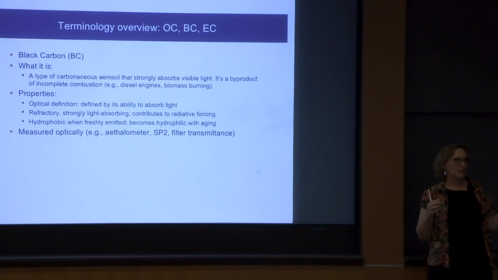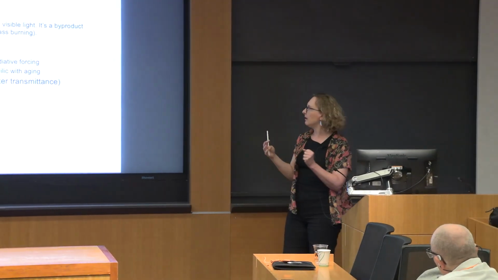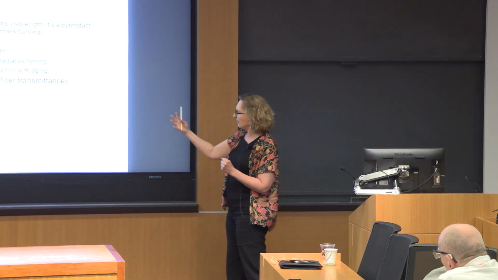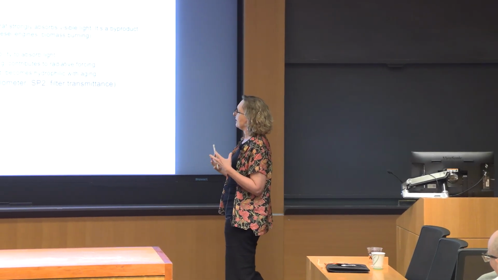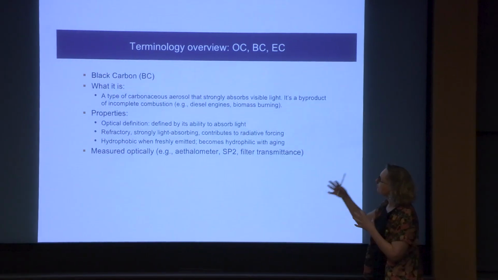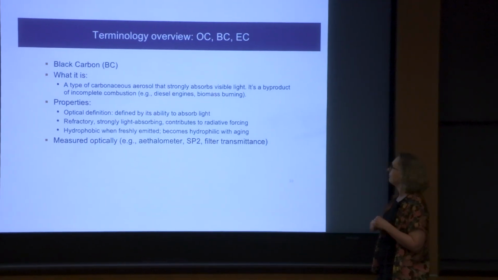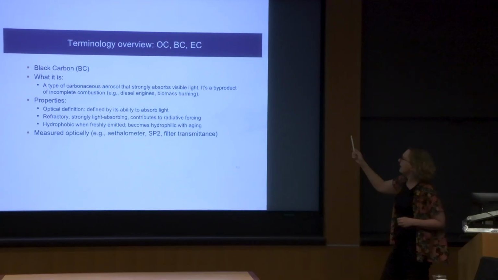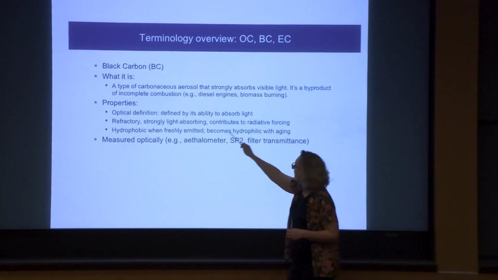So when you have your aerosol sample and you measure optically how much radiation is absorbed by your sample, that's how you figure out how much black carbon you have.